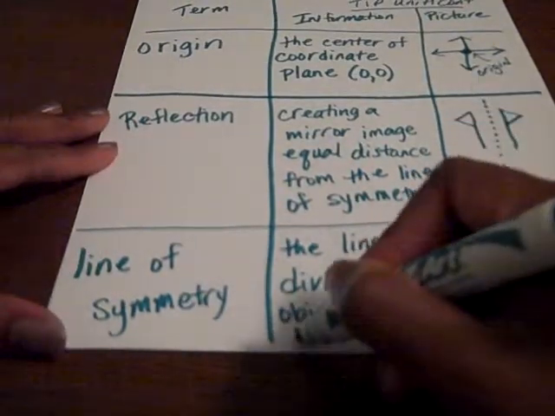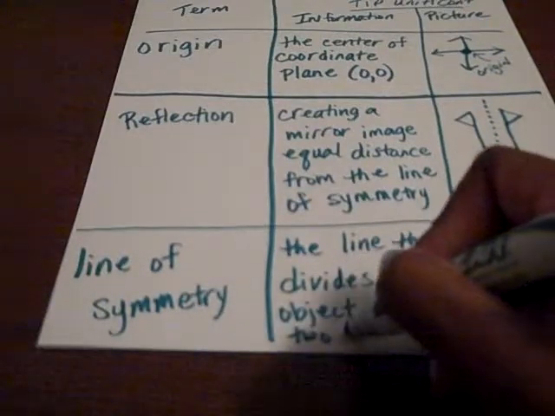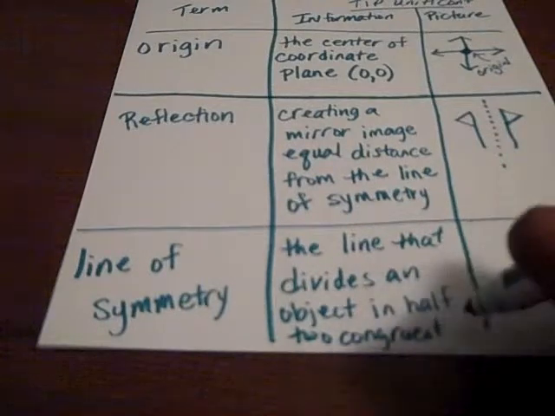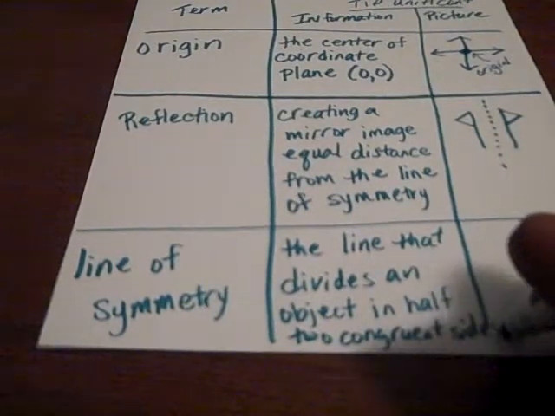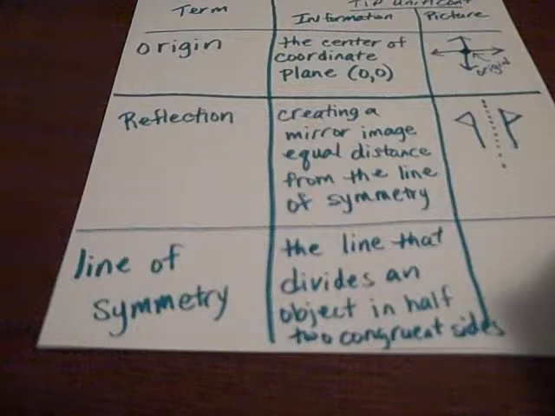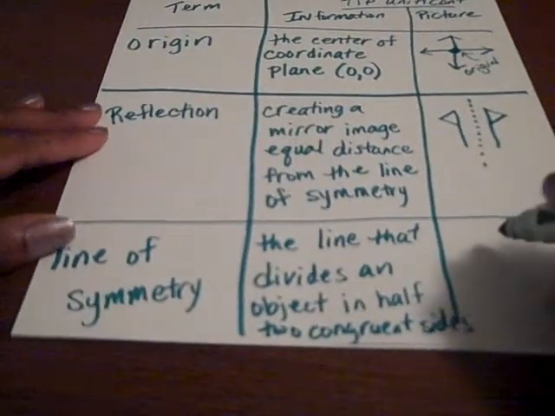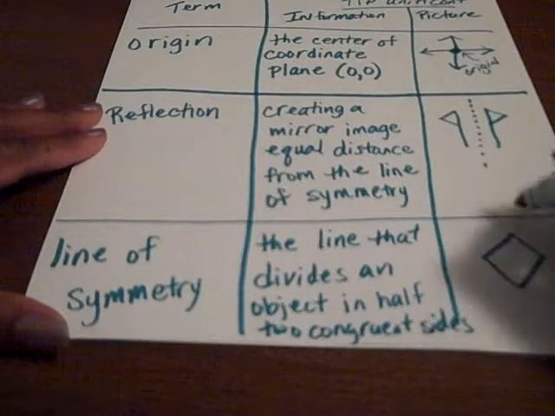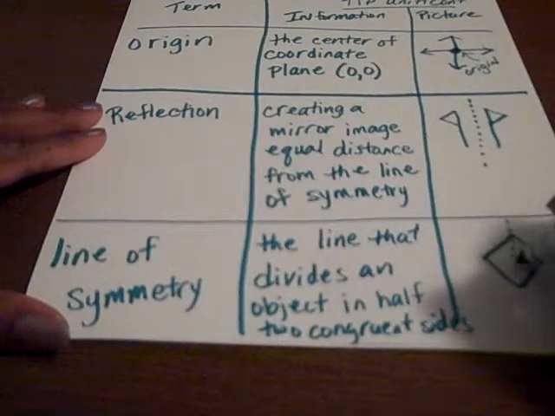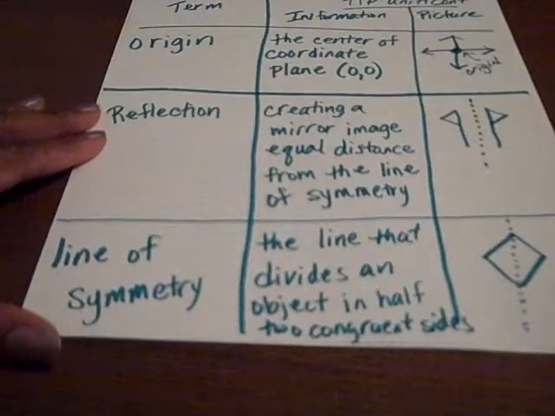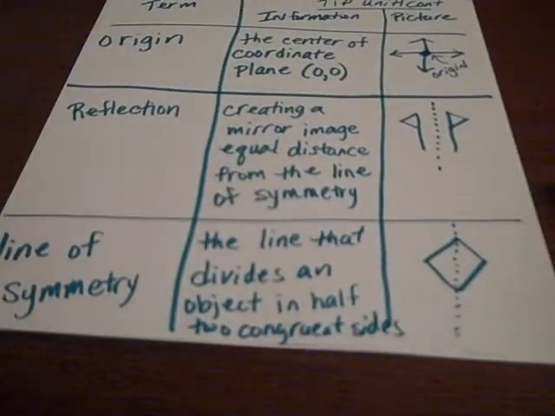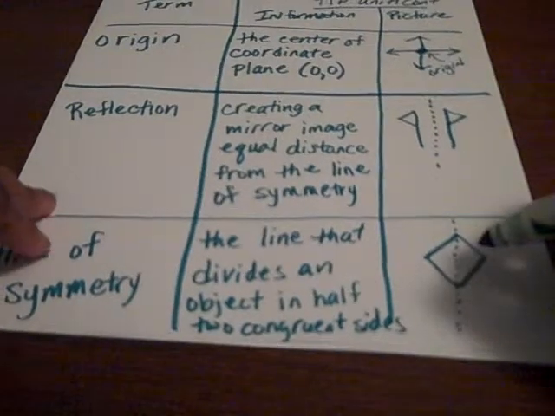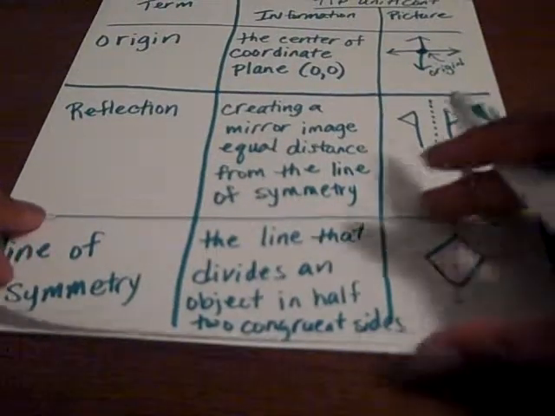It creates two congruent sides. And a picture that reflects that. Here is my line of symmetry down the middle of my diamond or kite, because now I have two congruent sides, one on the left and one on the right.